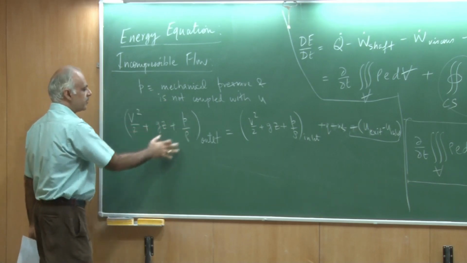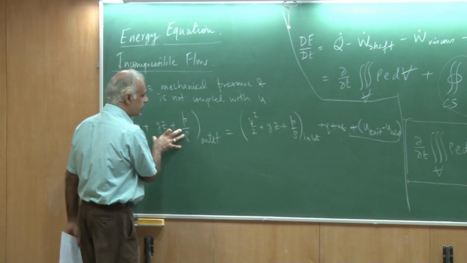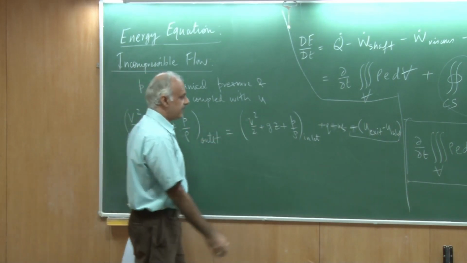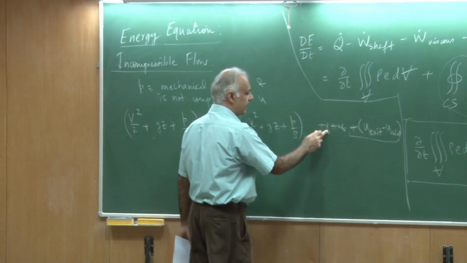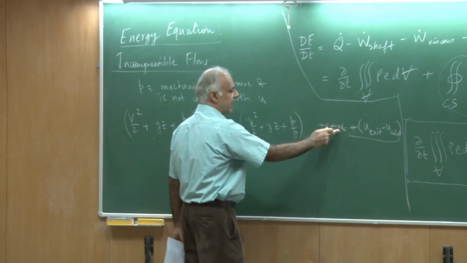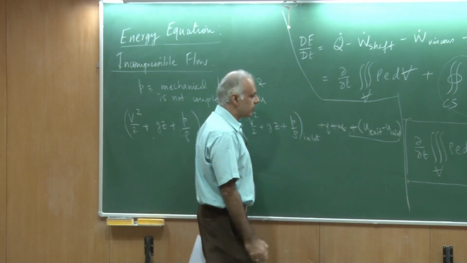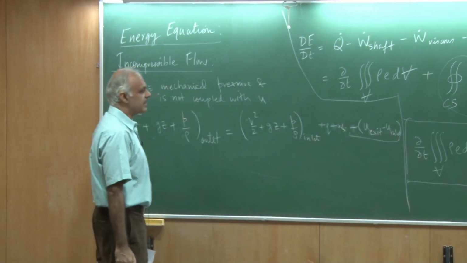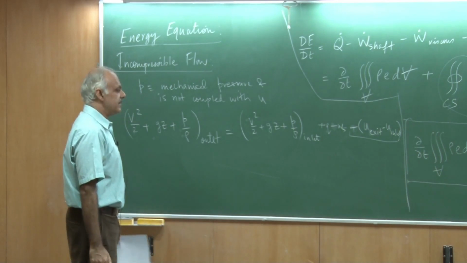So, this mechanical energy at the outlet is related to what was supplied at the inlet, and then I could have some heat transfer, I could have some work output from the control volume and certain temperature changes, which are incorporated into the internal energy.